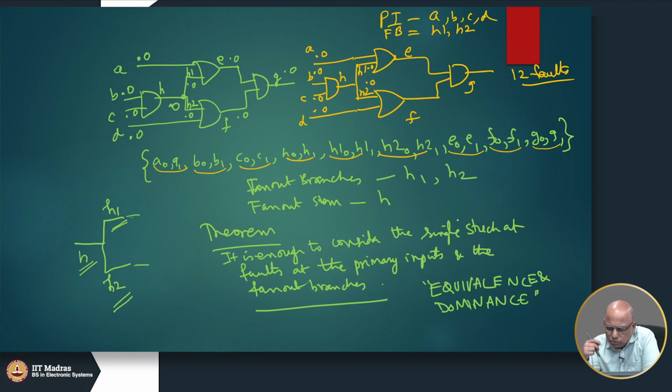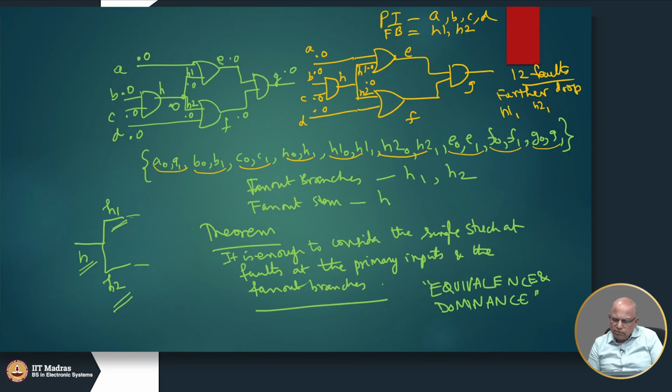So, it may reduce one more fault. Similarly, H11 and A1 are same. So, I can drop 2 more faults. So, this theorem reduces quite a few faults, but some more optimization may be possible. In our example we can bring it down to 10 faults.